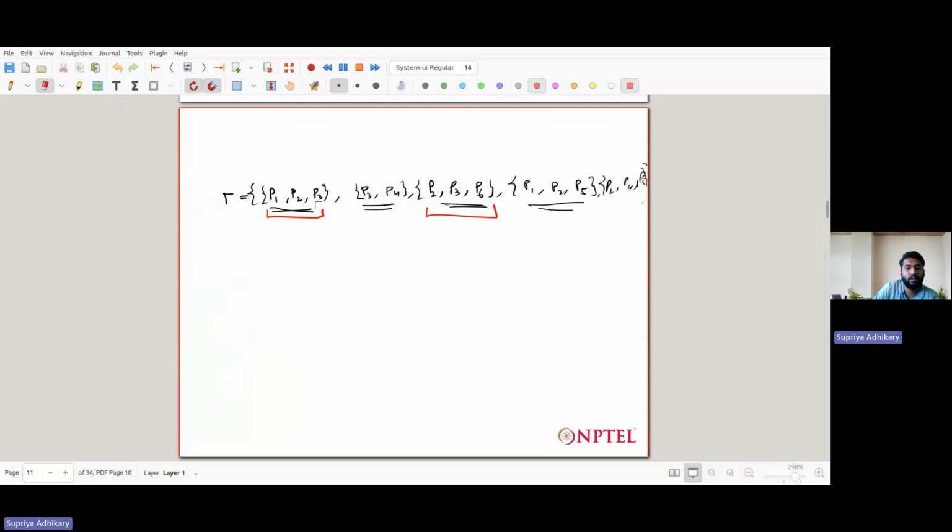Now let's take these two sets. For these two sets, we have P1, P2, P3, so P4 is not in the set, and P6 is also not in the set. Great. For these two sets, we have P1, P2, P3, P4, P5, but P6 is missing from this union.